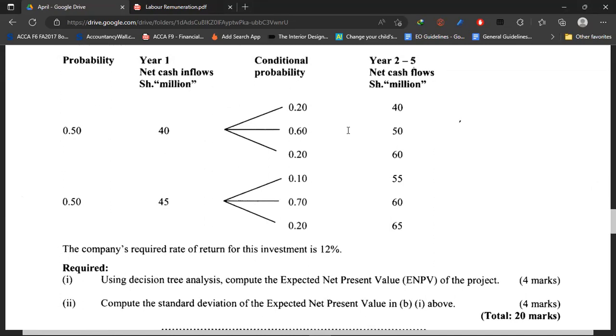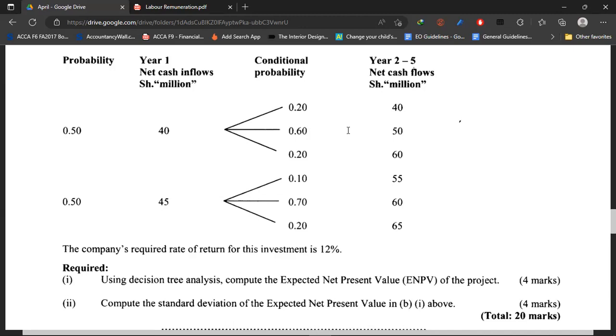The company's required rate of return for this investment is 12%. Required: using a decision tree analysis, compute the expected net present value, ENPV, of the project. Compute the standard deviation of the expected net present value in B above.